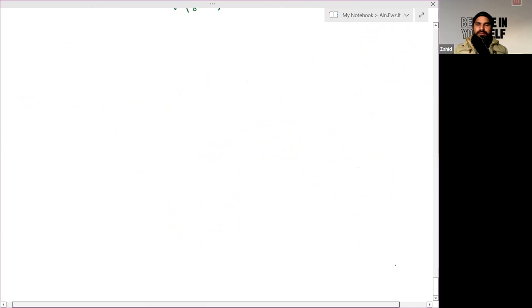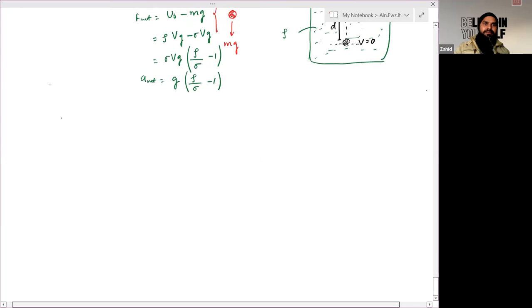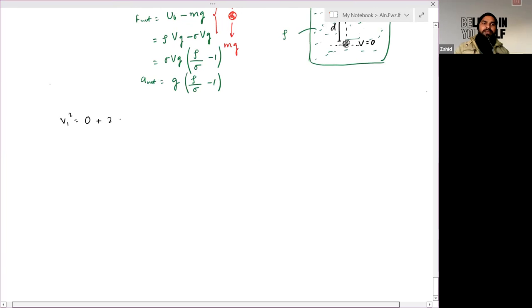On falling through height h under the effect of gravity, v1 square equals u square plus 2gh. Now in the viscous medium, v square equals u square minus 2as, where a will be g times rho by sigma minus 1, and s is d.